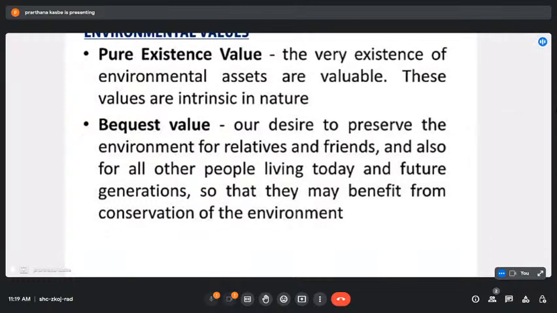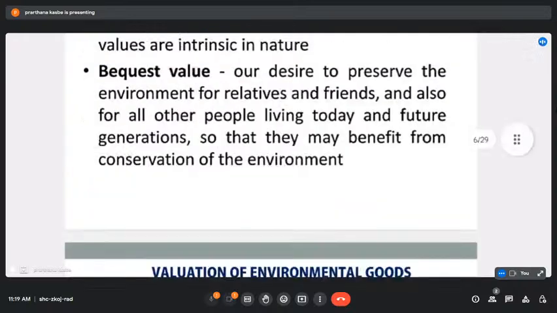Bequest value म्हणजे असे मूल्य की आपली एक इच्छा असते की भविष्यात जे काही फ्रेंड्स, रिलेटिव्ह आहेत, त्यांच्यासाठी आपण पर्यावरणाचं रक्षण केलं पाहिजे. That value is called the bequest value.